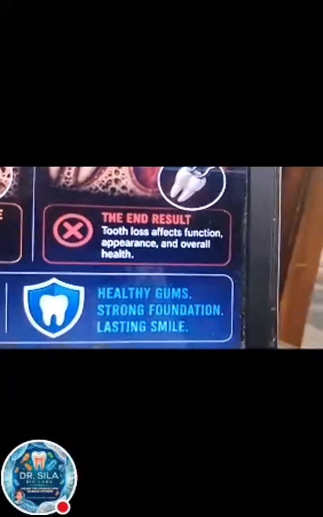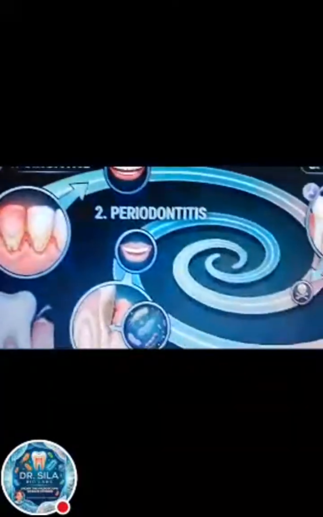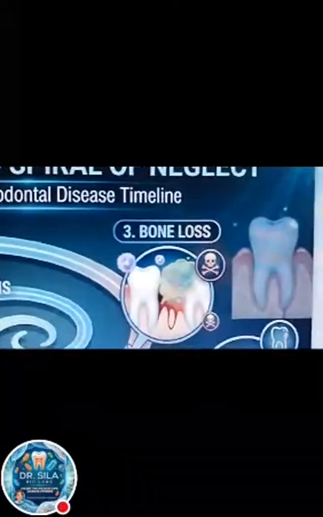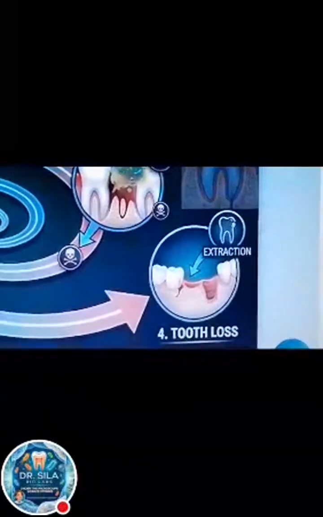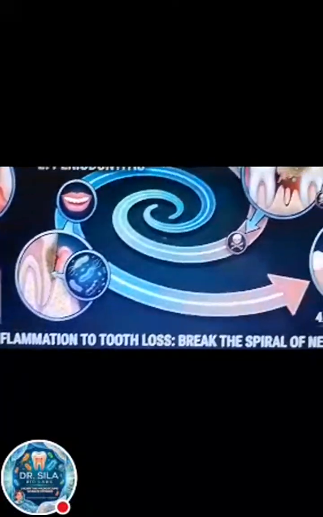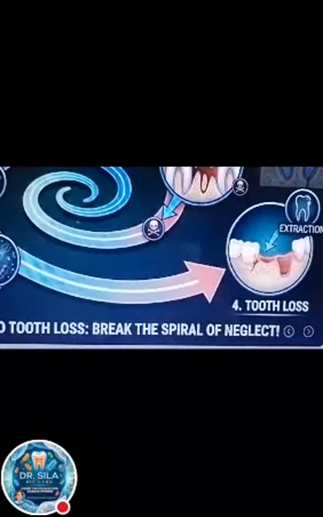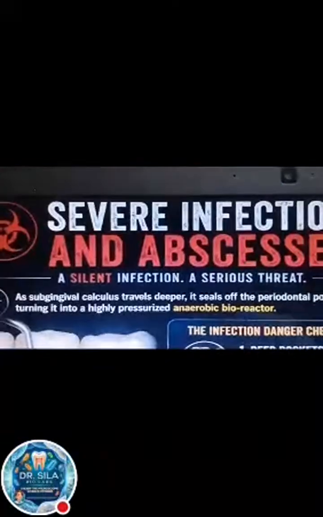Healthy gums, strong foundation, a lasting smile. The diagram will show you gingivitis, then periodontitis, bone loss, and then tooth loss. From inflammation to tooth loss, break the spiral. You have to break the spiral of neglect.